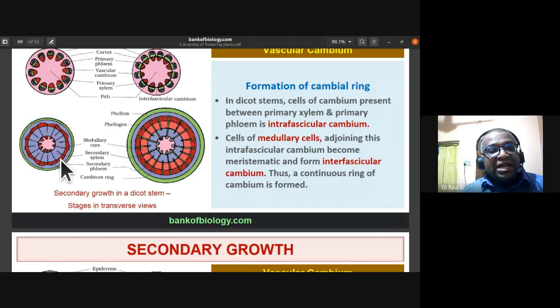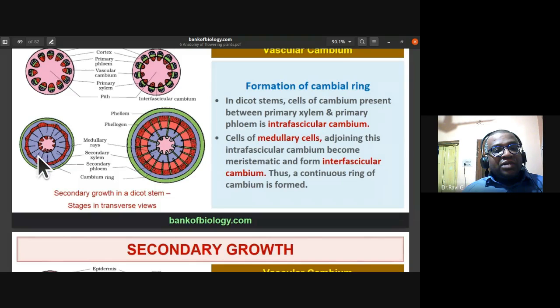The secondary xylem pushes the primary xylem towards the pith. The bluish colored one they have given here is the secondary xylem. The cambium towards the pith produces secondary xylem, and towards the periphery it produces secondary phloem.